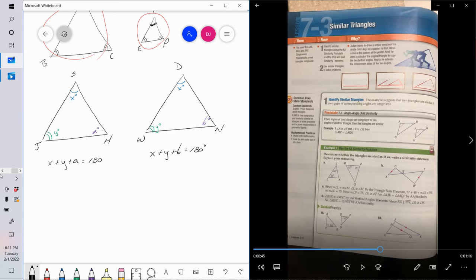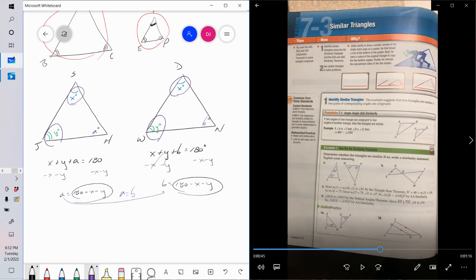Now I can subtract x and y from both sides, and a equals 180 minus x minus y. Over here, b is also 180 minus x minus y. So a and b have the same value, so a is equal to b. As long as two angles of one triangle are congruent to two angles of another triangle, the third angles are going to have to be congruent. So that maintains similarity.